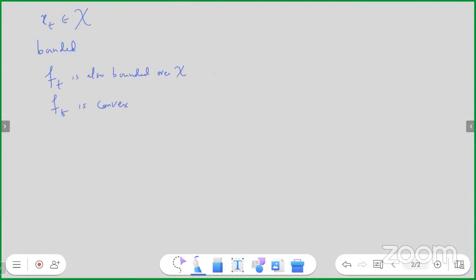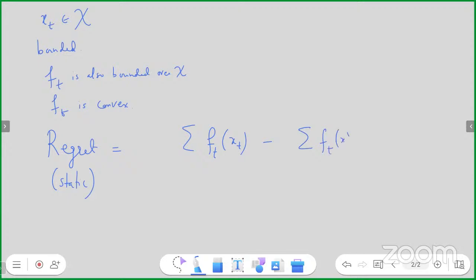So, formally, this quantity is defined as regret, or static regret, and is equal to, let's remove the minimum here, for an algorithm, f_t of x_t minus f_t of x star.